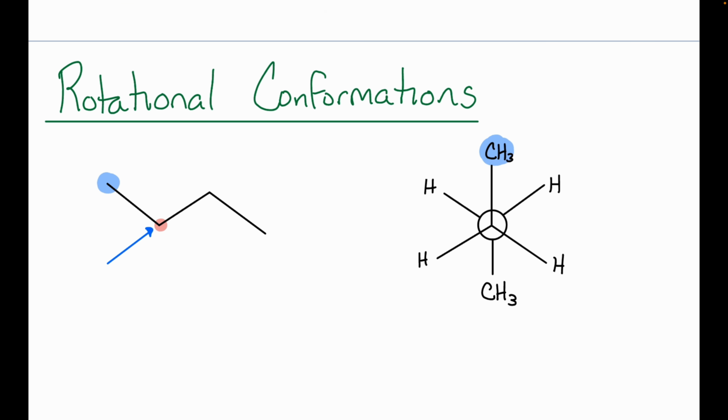This one that I'm looking down is the middle of my intersection of those line segments. The back carbon is represented by the circle itself. And the one that's pointed down is off of that back carbon, that other methyl group.